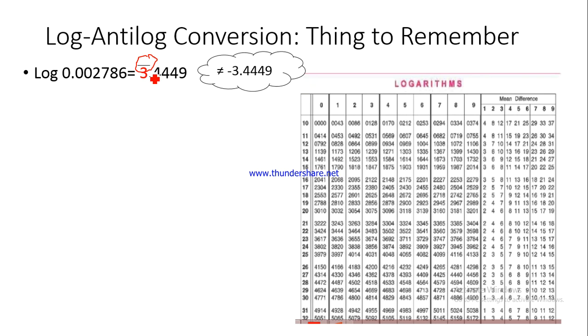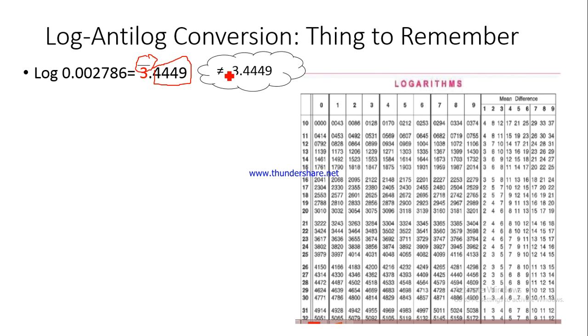Here 3 bar would mean that this 3 only is negative. The rest is positive, which is as per the rules, the mantissa is always going to be positive. So 3 bar would mean that 3 is negative, the rest of the portion is positive.